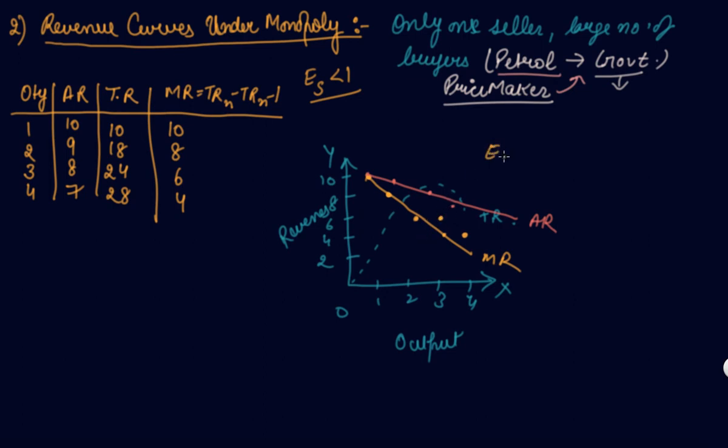So your elasticity of supply is less than 1. When you will plot this perfectly, your AR and MR curve will be like this. There will be less gap. So this is your revenue curves under monopoly.